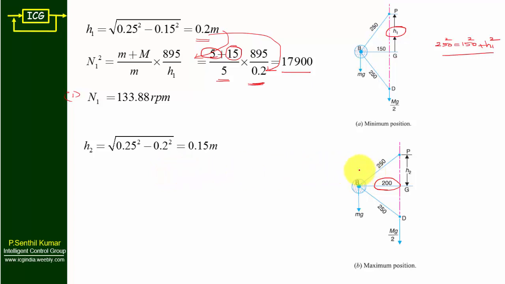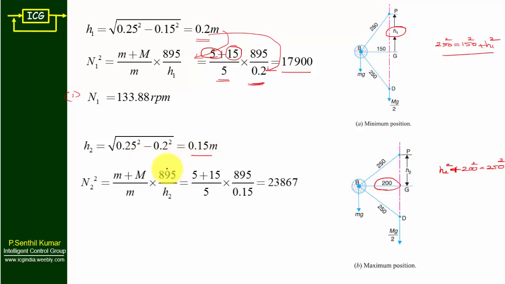We need to apply the Pythagoras theorem. h2 squared plus 200 squared equal to 250 squared. From that h2 equal to square root of 0.25 squared minus 0.2 squared. So you will get 0.15 meter. That is the maximum height of the governor. Now apply h2 in this formula.